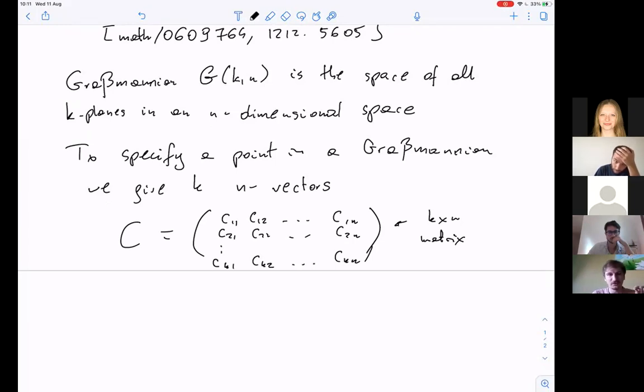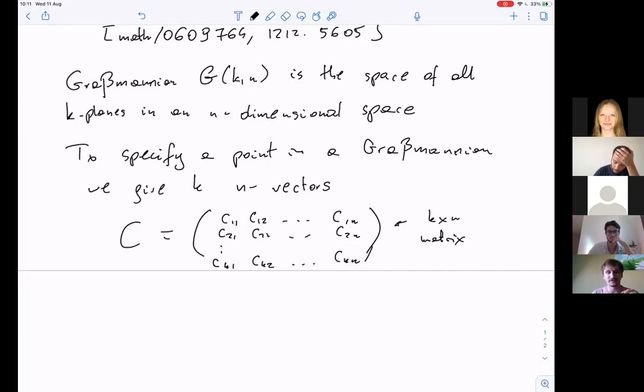I need to be a bit careful here because we are not talking about just a collection of K n-vectors. I defined the Grassmannian as a space of all K planes, but it can happen that there are different vectors defining exactly the same K plane. This redundancy corresponds to just a change of basis of this K plane.